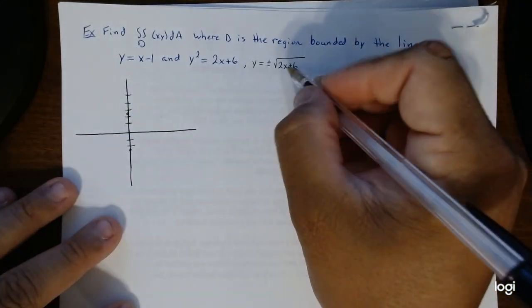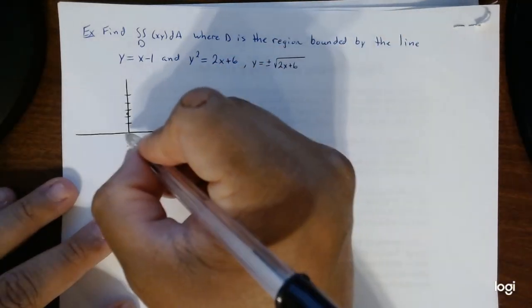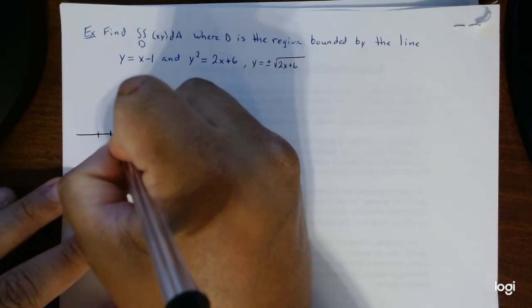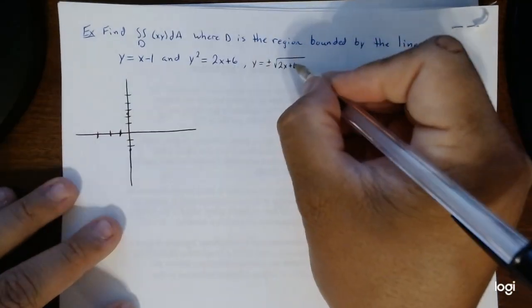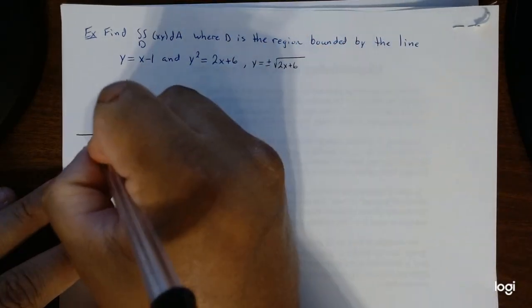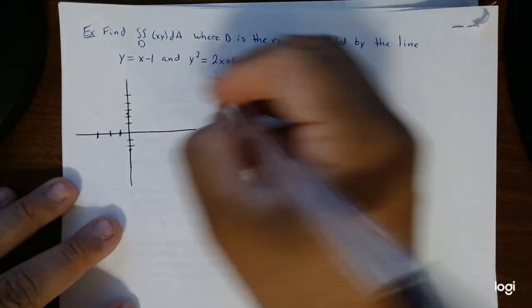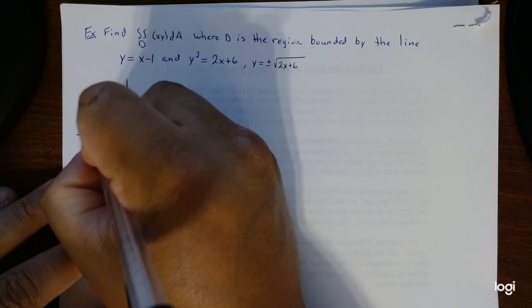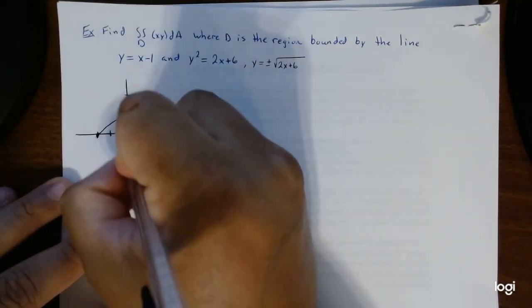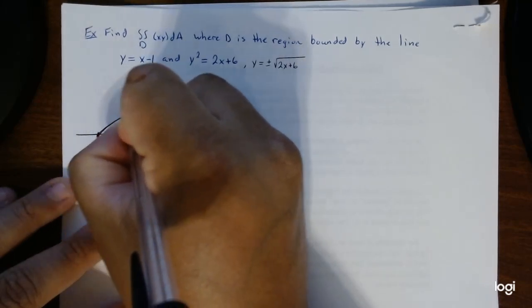You plug in 1 and get a value close to what we want. So I'm going to find the vertex, and the vertex is when you plug in negative 3 for x, way over here. If I plug in negative 3, I get 0. So my parabola looks kind of like this.